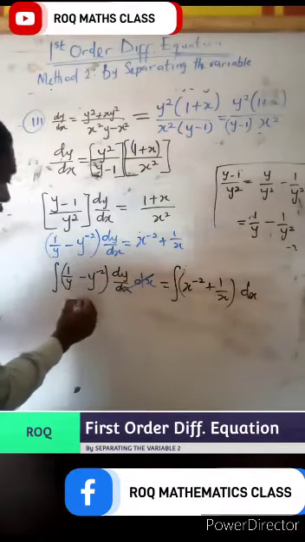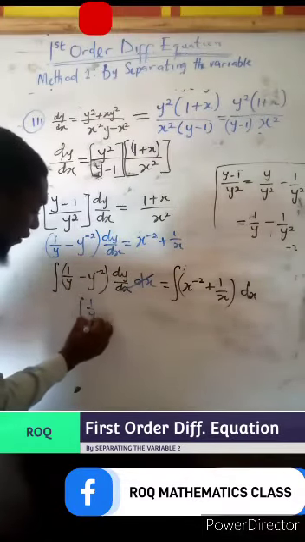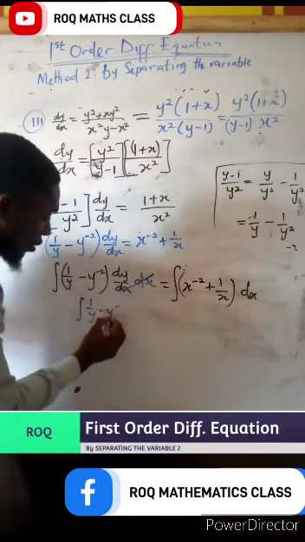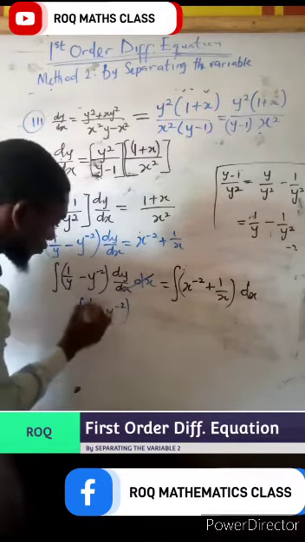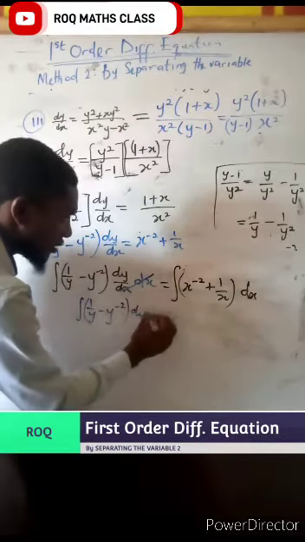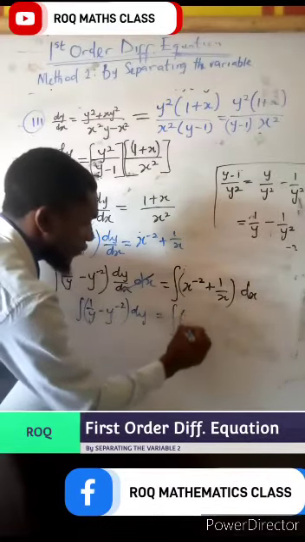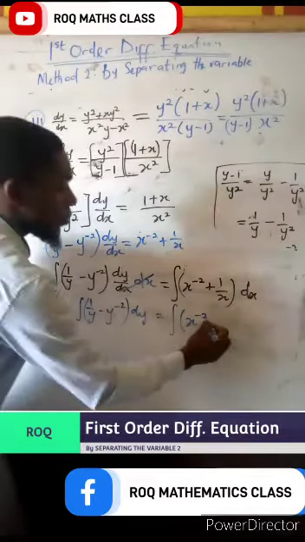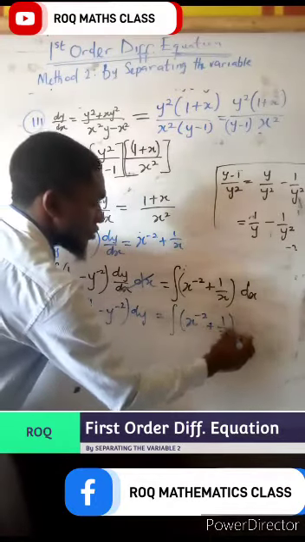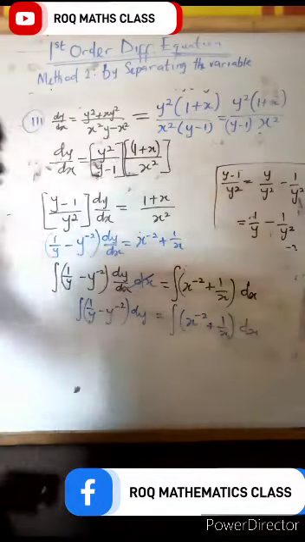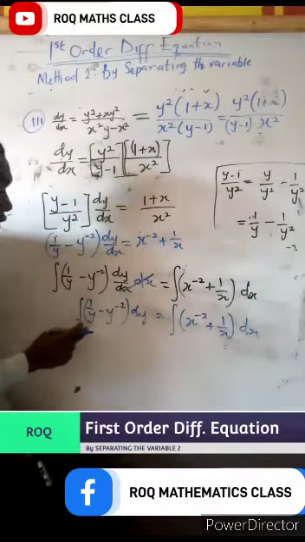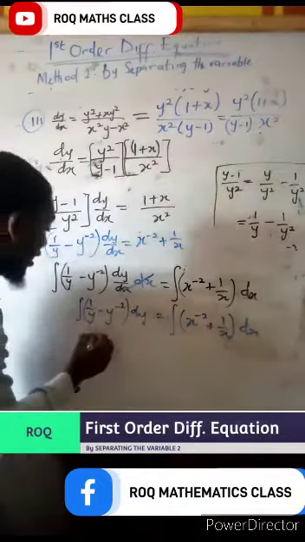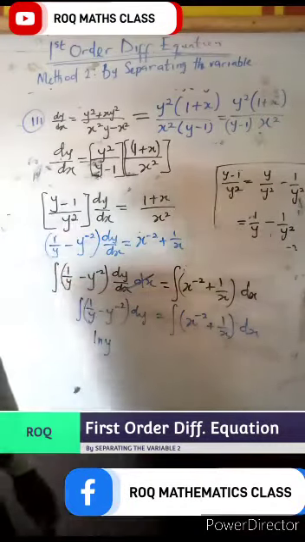Then let me integrate this: the integral of 1 over y minus y raised to the power of negative 2 dy is equal to the integral of x raised to the power of minus 2 plus 1 over x dx. If I integrate 1 over y, it is the same thing as ln y.